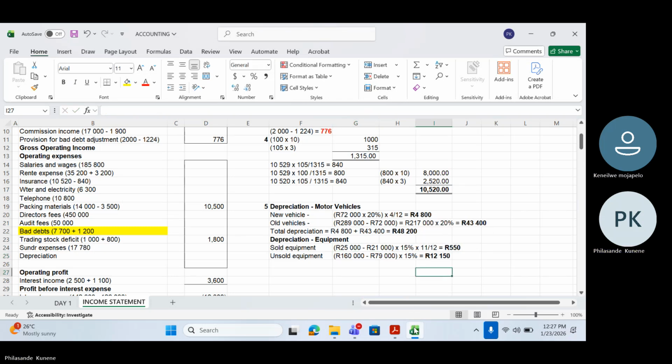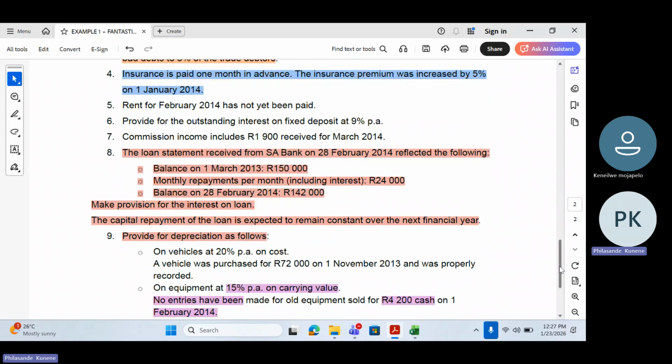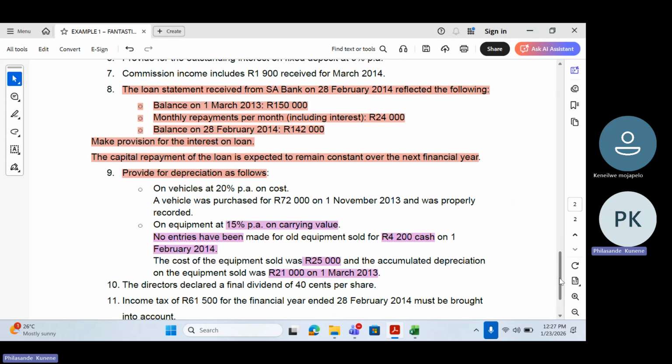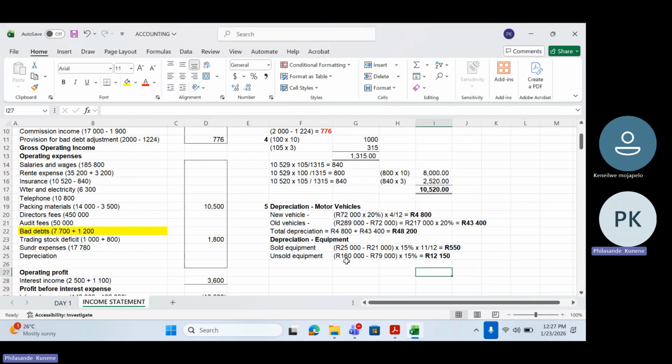Okay. I want you to notice something, Kinelo, because you didn't consider something in calculating your depreciation. Remember, here we have the equipment that was sold, and no entries have been made for the old equipment sold for 4,200. In this cost price of 160, there's 25,000 of that equipment that was sold.